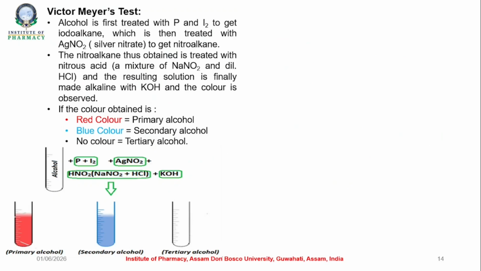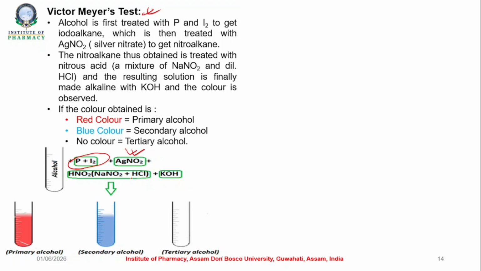The next test is called the Victor Meyer test. In this test, alcohol is first treated with phosphorus and iodine. When we do this, we get an iodoalkane. Now this iodoalkane is subsequently treated with silver nitrate, and with this we obtain a nitroalkane.